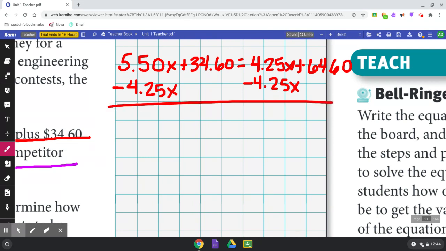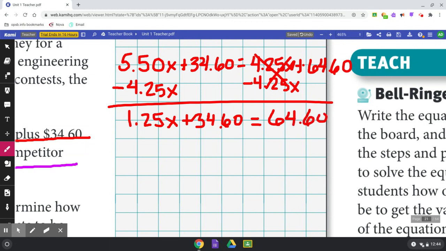And when I do that, that gives me $1.25 x, because 550 minus 425 is 125, plus 3460 equals, those cancel, 6460.